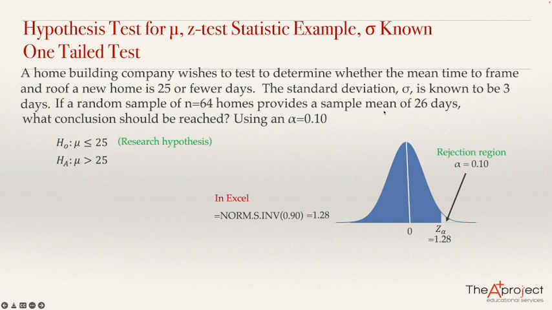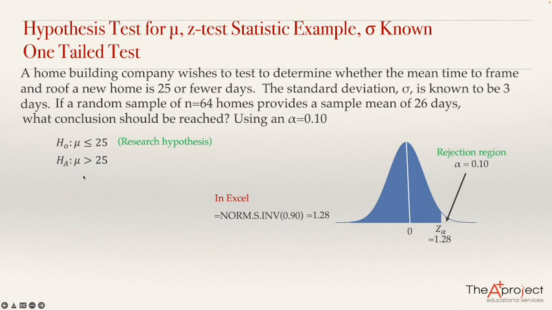We know that the sample mean follows a normal distribution. And we also know that this 26 has a z-score in the standard normal distribution. So to check if this 26 is really far to the right of this 25, what we're going to do is compute the z-score of the 26. And if this z-score falls in this rejection area, we're going to reject the null hypothesis.